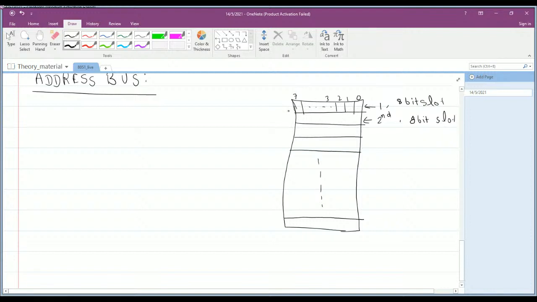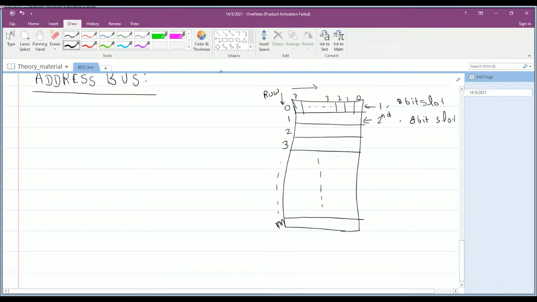So horizontally, column wise, is the bit information, and the rows contain the number of memory spaces available to us. Let's say we assign 0, then 1, 2, 3 and up to n, or capital M.